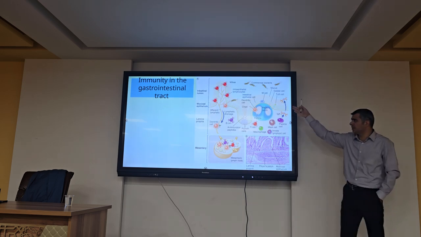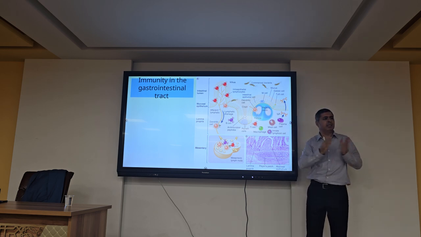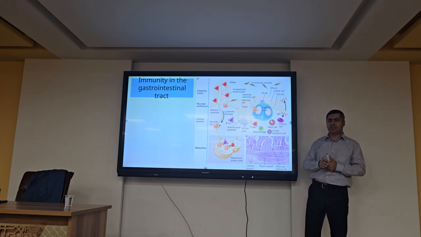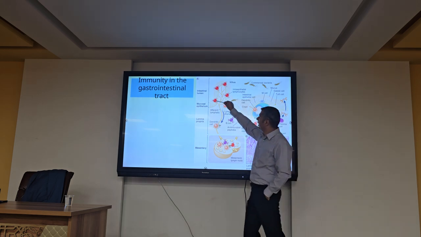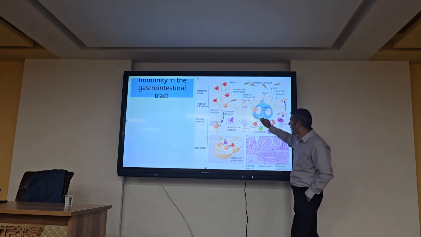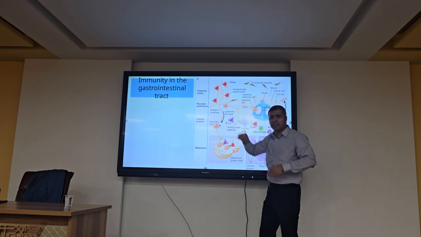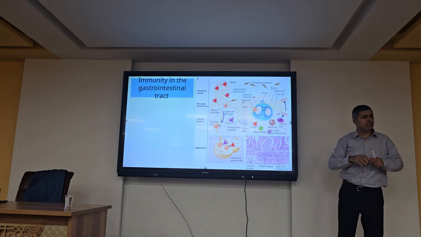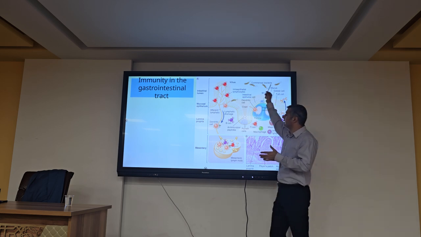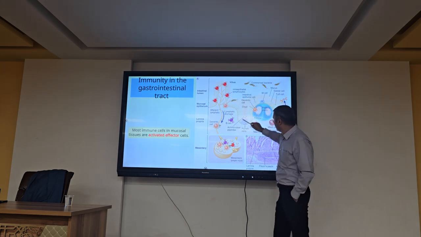You can see here the structure of a small part of the intestine as a sample of the gastrointestinal tract. You can see here the epithelial barrier, one layer of epithelial cells. Here is the lumen of the intestine. It means here is the inside of the intestine, and then we have epithelial cells.